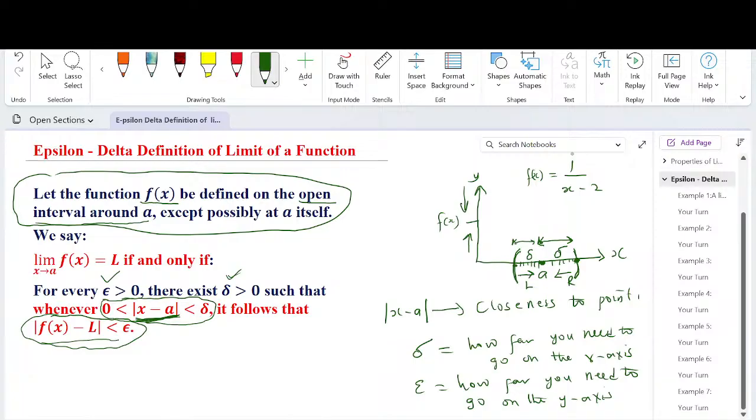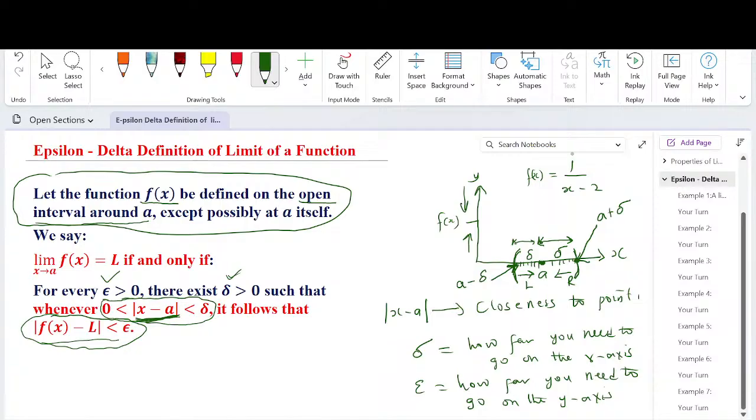Delta is how far you need to go from the open interval to A. So this particular point will be A plus delta. I'm just trying to explain everything so you can understand. This will be A minus delta.